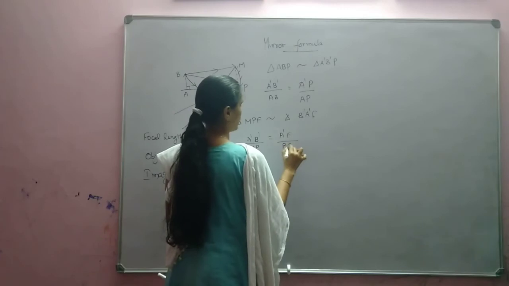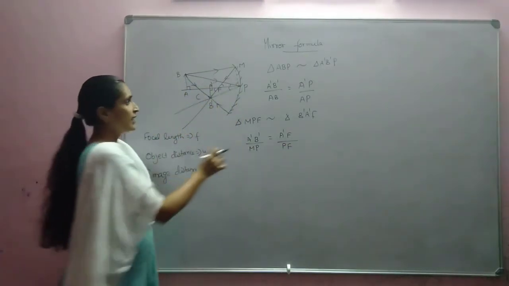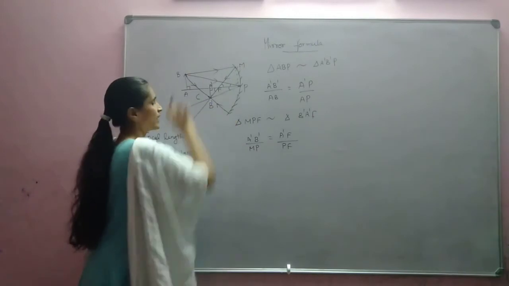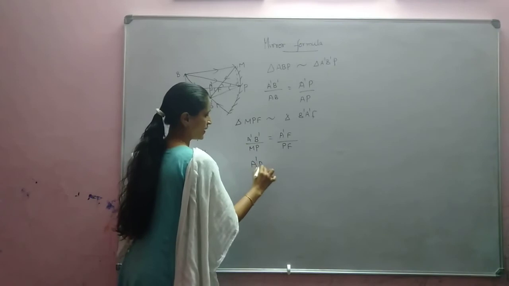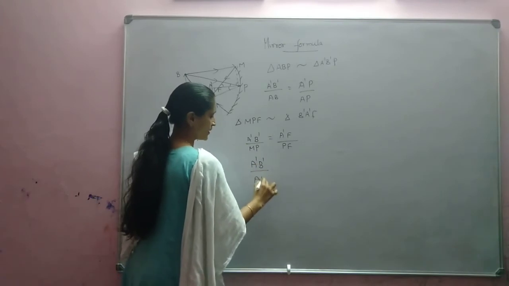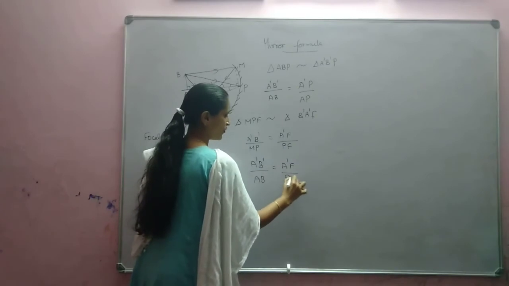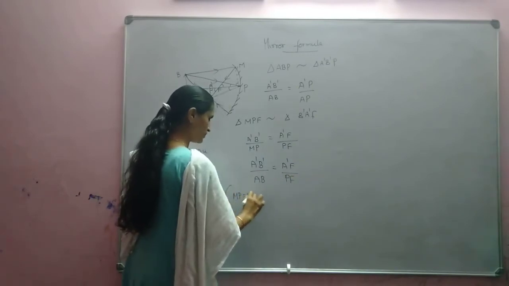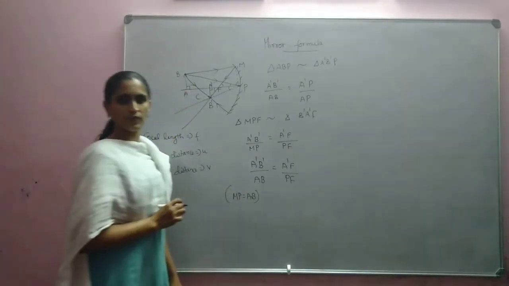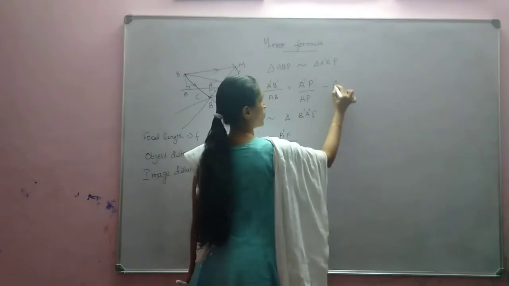Again, instead of MP we can write AB, because MP is equal to AB. So we can write A dash B dash by AB is equal to A dash F by PF. So we got two equations.